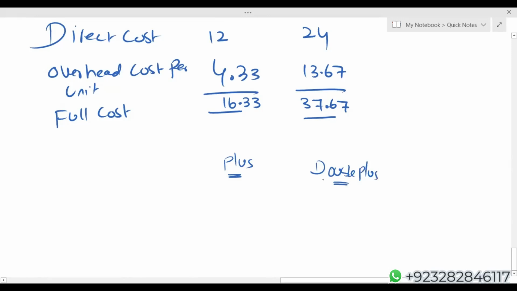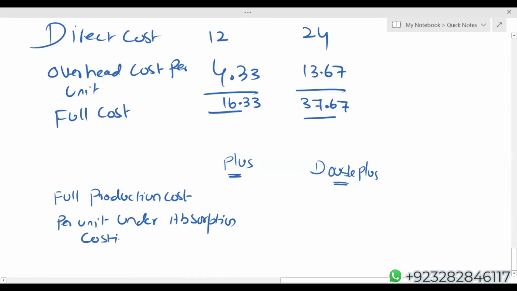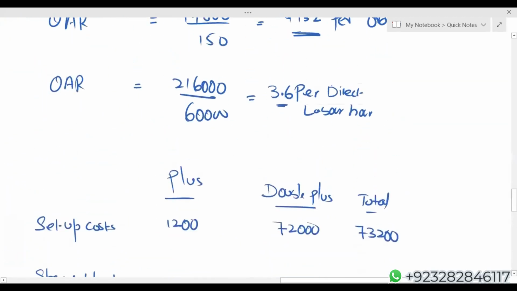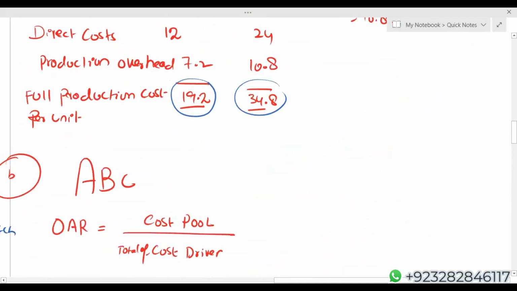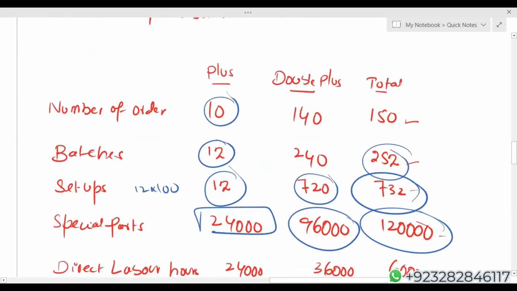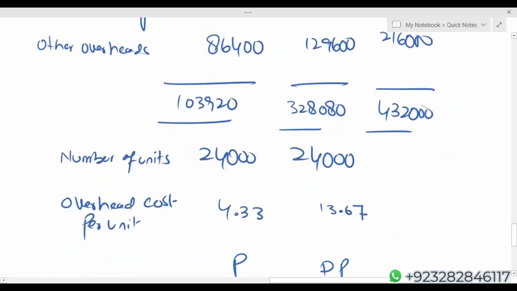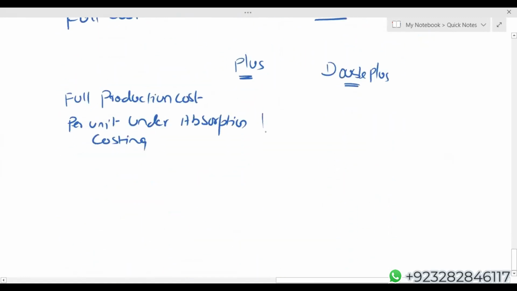Under absorption costing, the full production cost per unit, we have calculated for plus 19.2 and double plus 34.8.